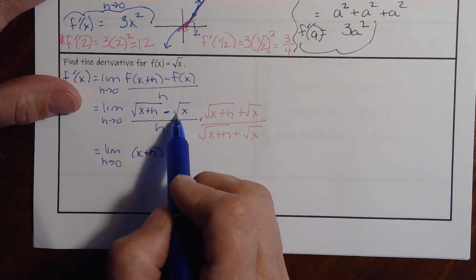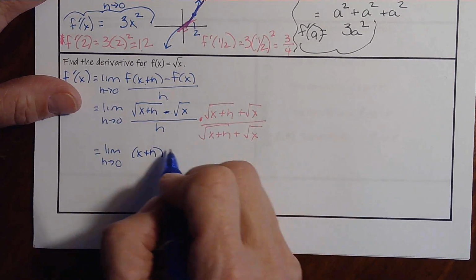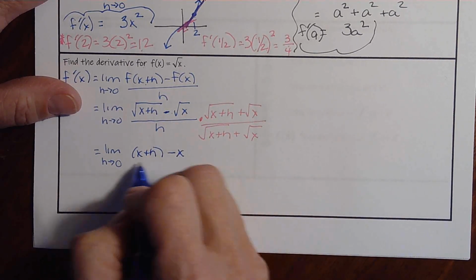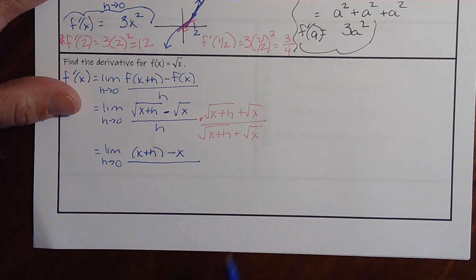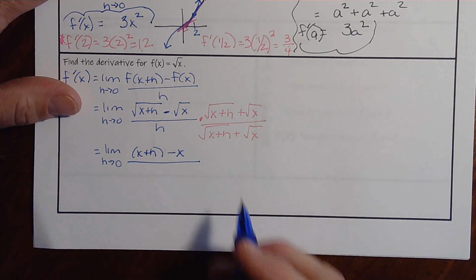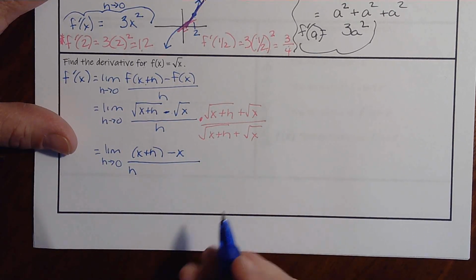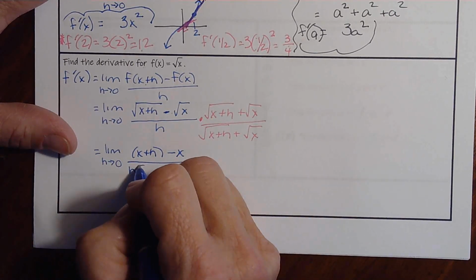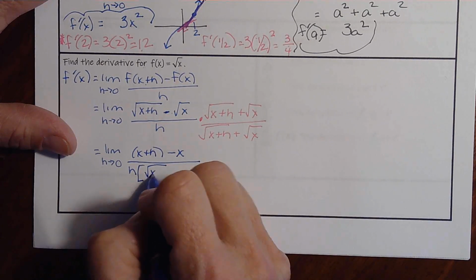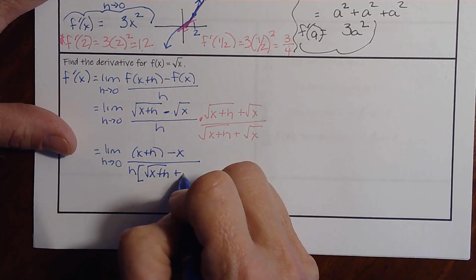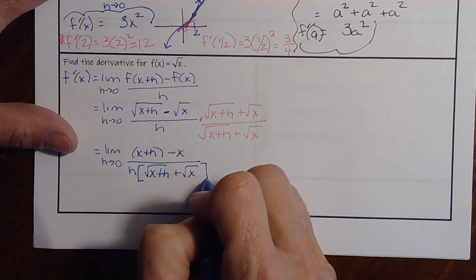And so negative square root of x times positive square root of x is going to be minus x, all over, I have the h, and I have the square root of x plus h plus the square root of x.